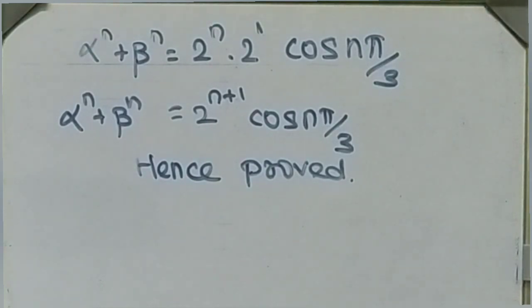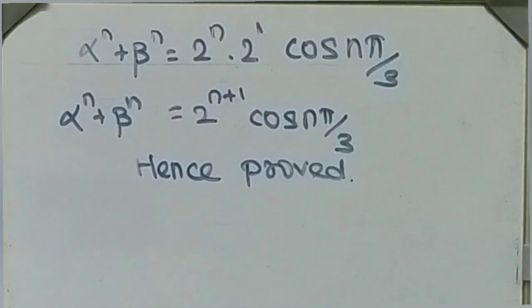Then we replace 1 by 2 as cos pi by 3 and root 3 by 2 as sin pi by 3. Then we use De Moivre's theorem, that is, cos theta plus i sin theta power n equals cos n theta plus i sin n theta. Then we simplify the equation and finally get alpha power n plus beta power n equals 2 power n plus 1 multiplied by cos n pi by 3. That's it. Clear.